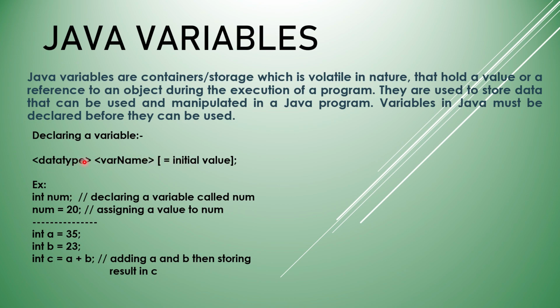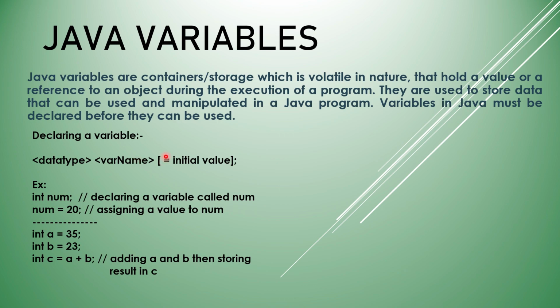First of all, you have to provide the data type. Then you have to provide a variable name, because the placeholder where the value will be stored needs a name to access that particular storage or placeholder. Using that name, we can access the variable in our program.